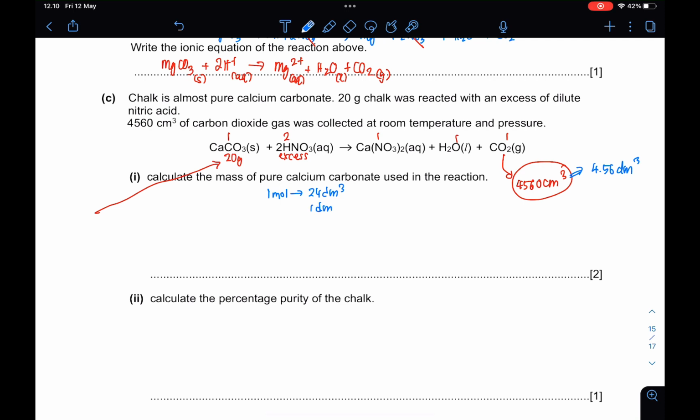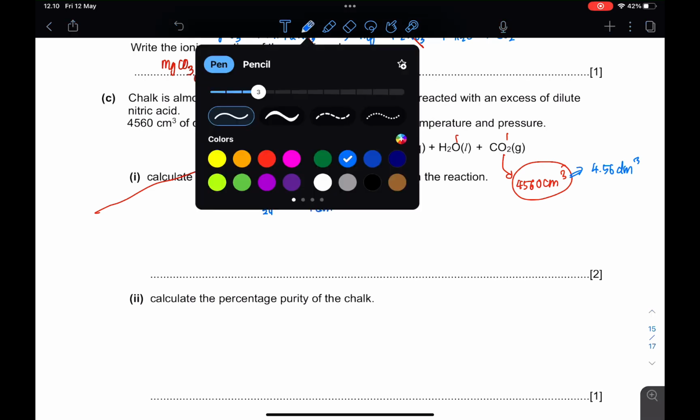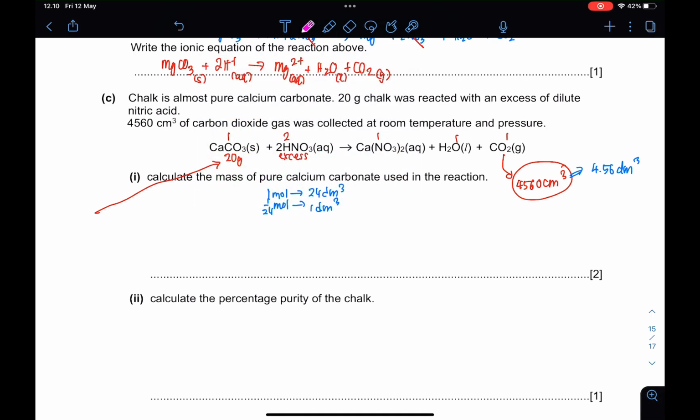If you have cm cube, I can change it into dm cube by dividing by 1000, so I'll get 4.56 dm cube. So 1 dm cube is 1 divided by 24, and I'm looking for 4.56 dm cube, so you times with 4.56 left and right.